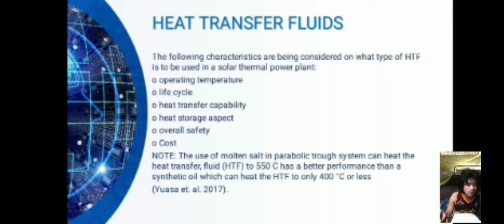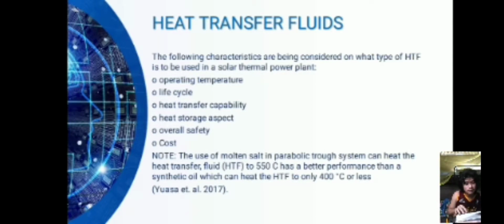Heat transfer fluid. The following characteristics are being considered on what type of HTF is to be used in a solar thermal power plant. So, syempre, ang kino-consider dyan is yung operating temperature, then yung life cycle.